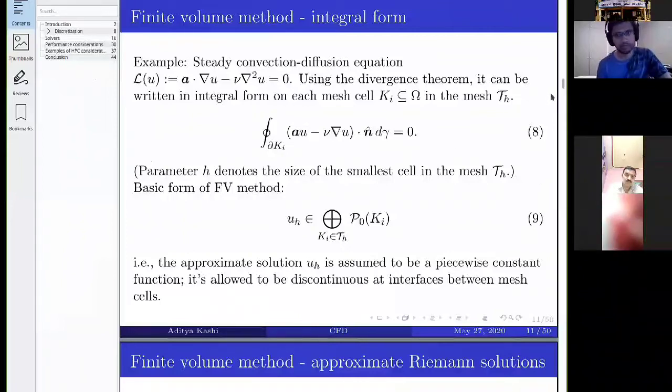And H here describes the size of the smallest cell in the mesh. And this will be important later.